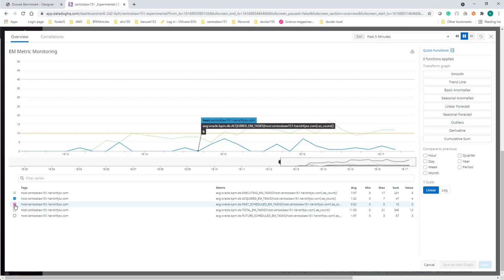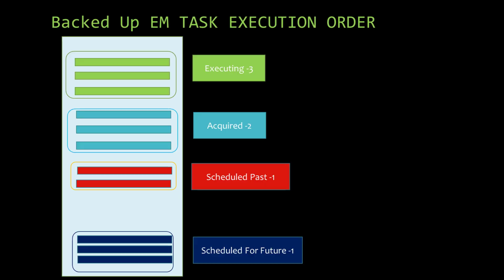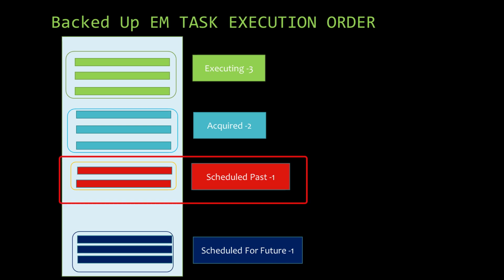And next one is past scheduled. If you remember the PowerPoint, we have some tasks that may be waiting to get executed because their time came, but there is not enough space. The asynchronous queue is busy processing the other tasks.